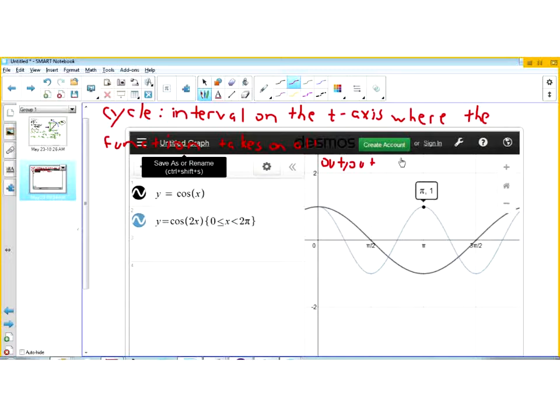So the cycle of the standard cosine function and the standard sine function, as well as the secant and cosecant functions, is 2 pi. That's the length of a cycle.